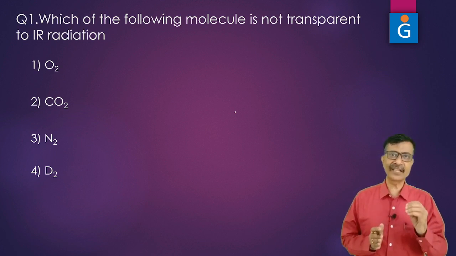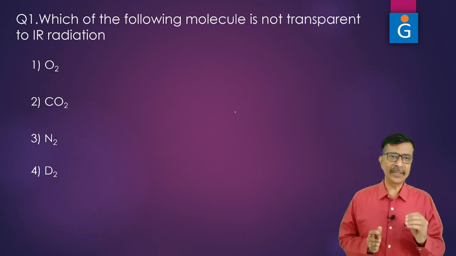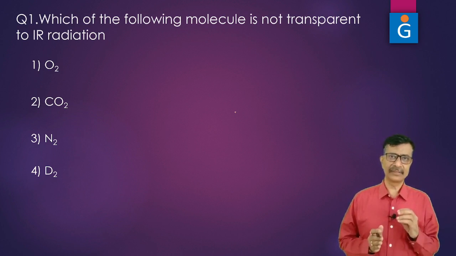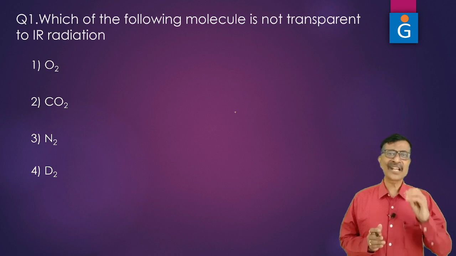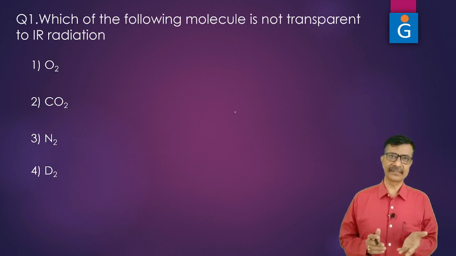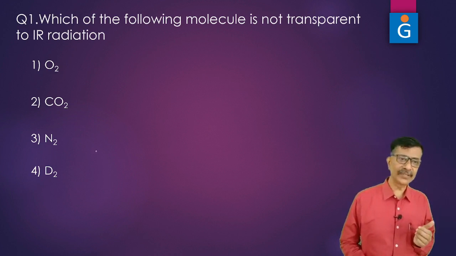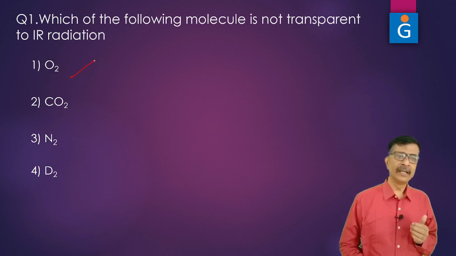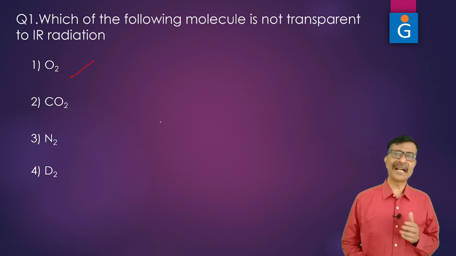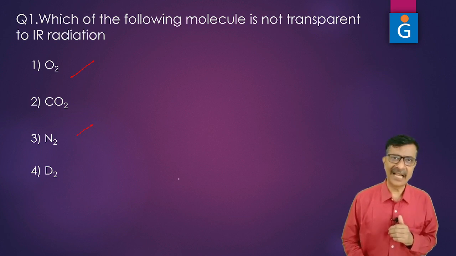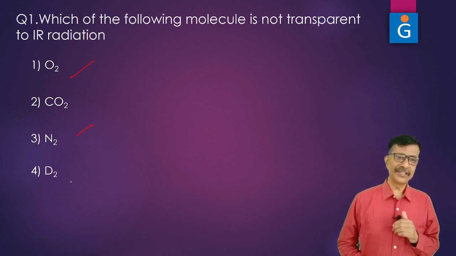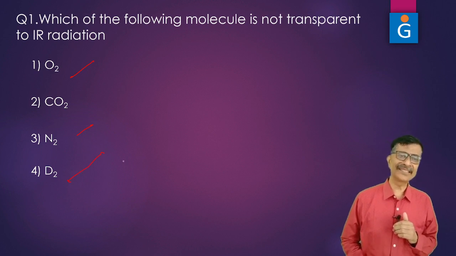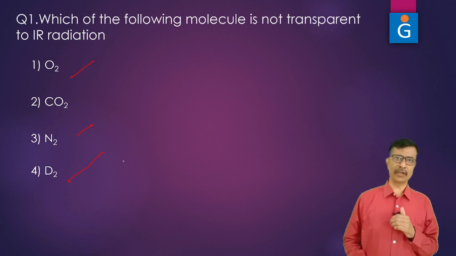Now, symmetric diatomic molecules, they are transparent to IR radiations. Now if you look at the options given, this is oxygen, it is a symmetric diatomic molecule, O2. Nitrogen, again it is a symmetric diatomic molecule. D2, deuterium, it is again a symmetric diatomic molecule.